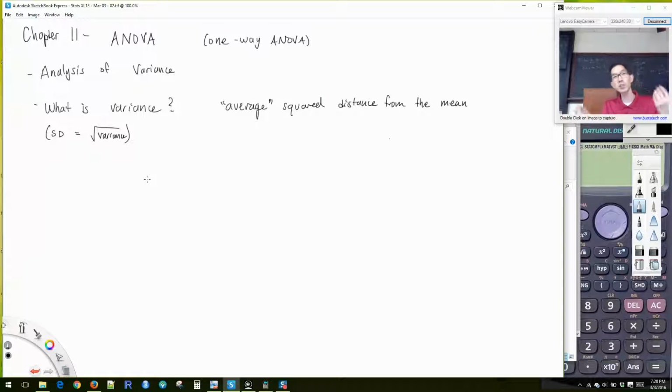So it's this measure of spread, okay? And just conceptually, we can just think of it as a numeric summary that tells us the values in our data are different from each other.